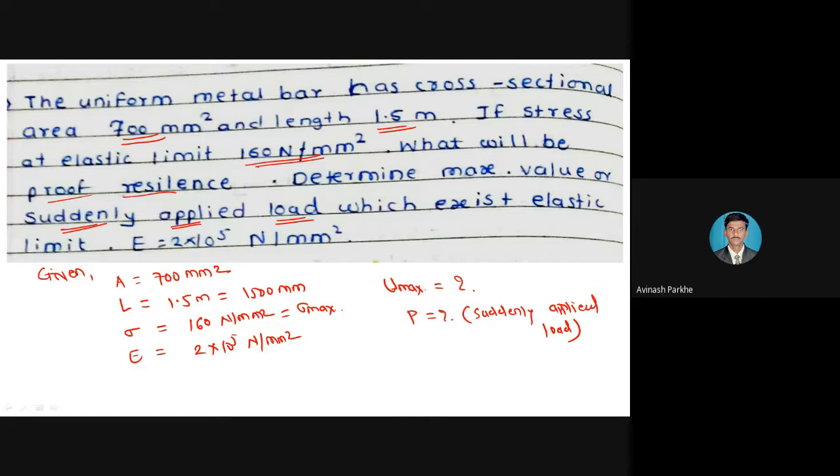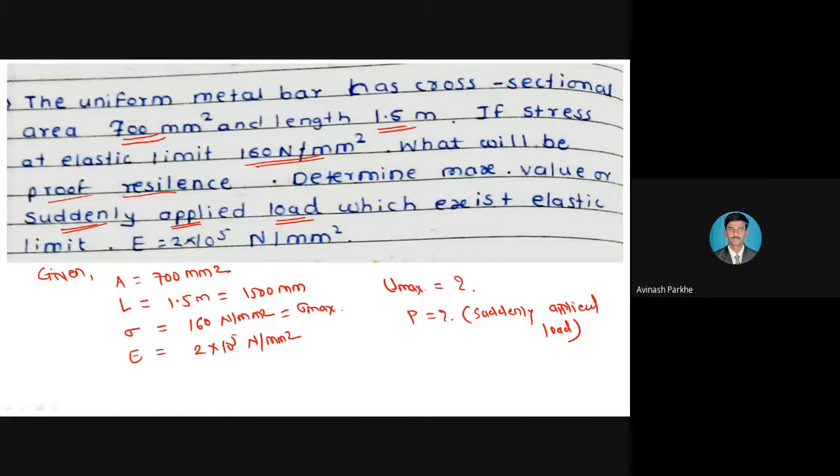What is the definition of resilience, or the strain energy? The total energy stored in the body within the elastic limit is called strain energy, and proof resilience means the maximum energy stored in the body within the elastic limit.